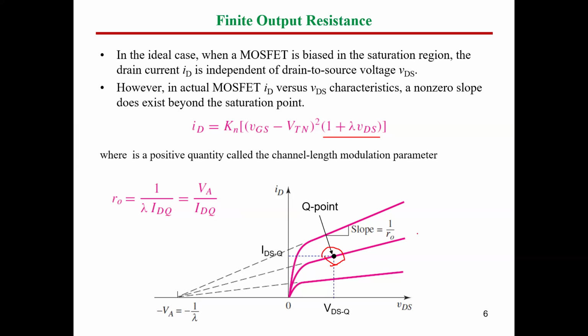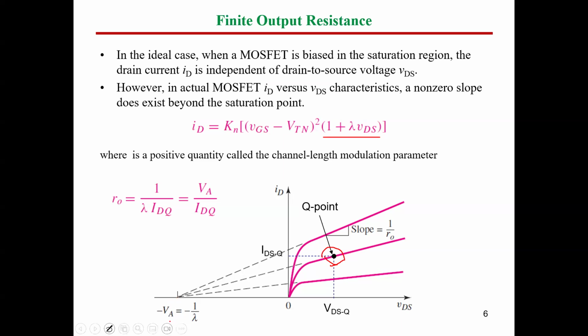But now, since we have here I and V, the slope is going to be delta Y divided by delta X, or delta vertical divided by delta horizontal, which is the opposite of a resistance. This resistance we call the output resistance, and 1 divided by R0 is the slope of this line, and this line will intersect with the horizontal axis of VDS at a negative value called VA.